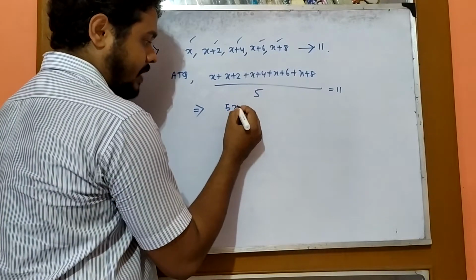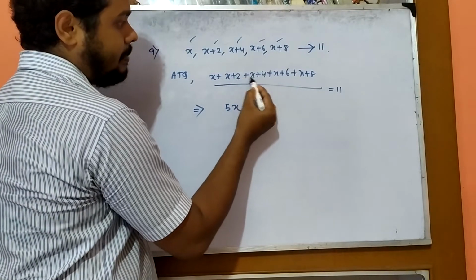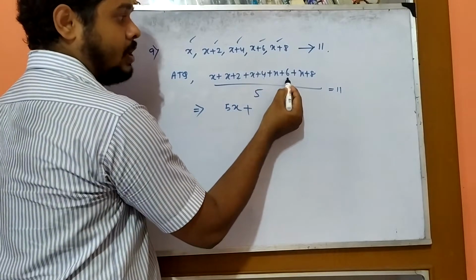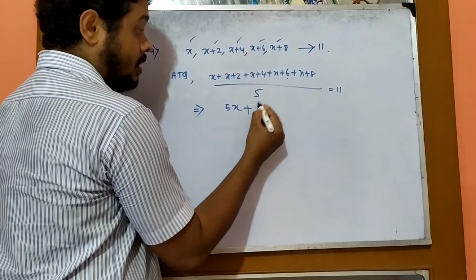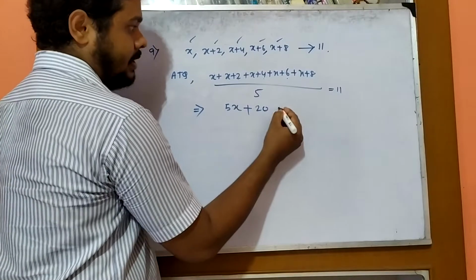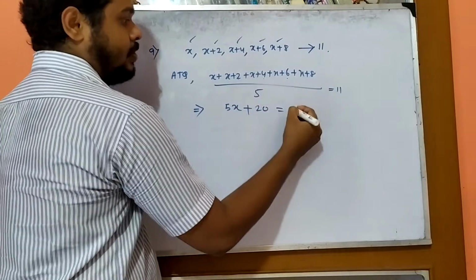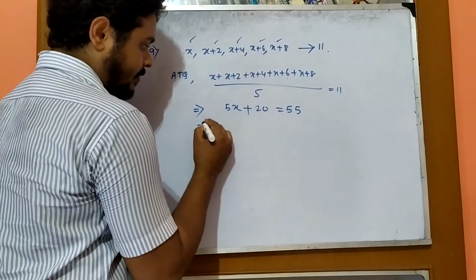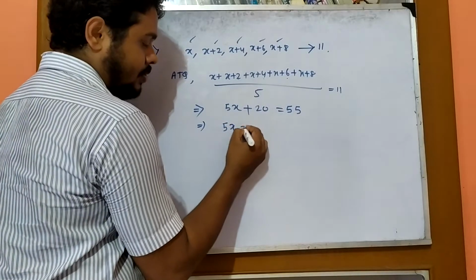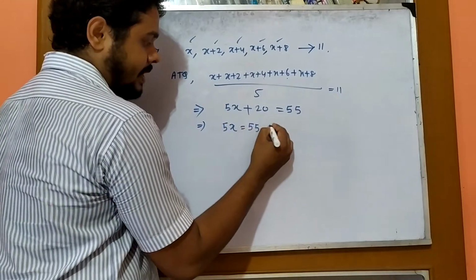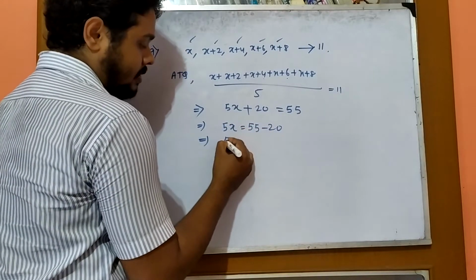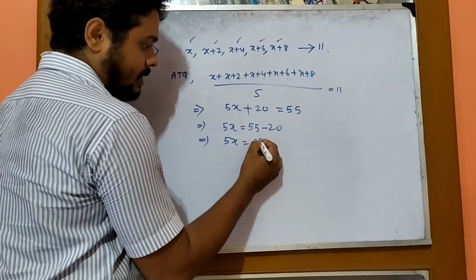So we can write 5x, and adding all the numbers, 2, 4, 6, 8, that is 20, equals 11 into 5, that is 55. So 5x equals 55 minus 20. This implies 5x equals 35.